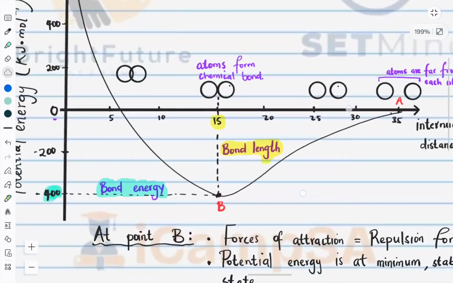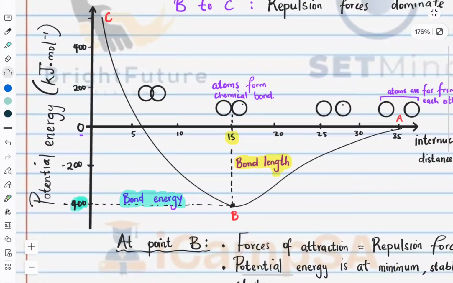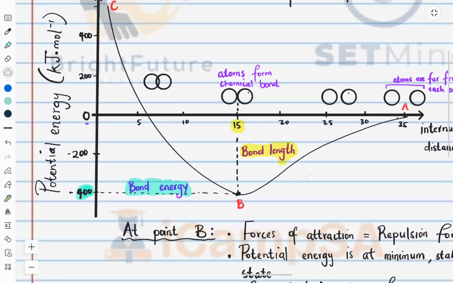All right, one last thing to state before we move forward: for the bond to actually form, when it reaches point B, we will find that the potential energy of this system, which is these two atoms combined, will be less than the individual potential energies of the atoms.